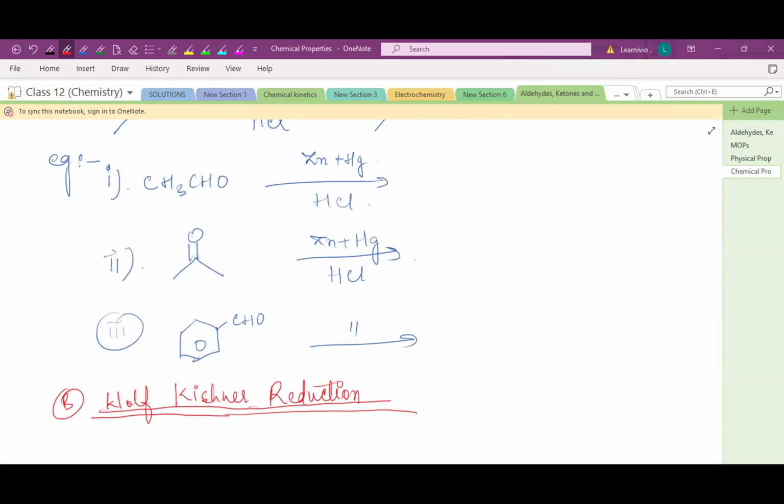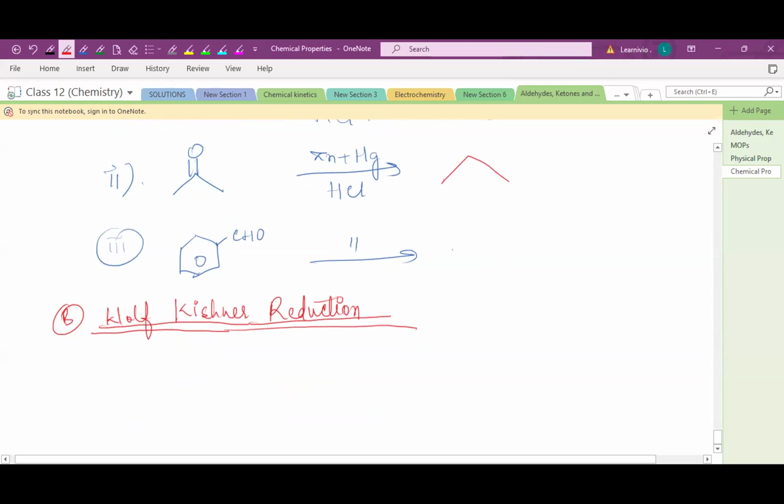The first one is ethane. Basically, you remove the oxygen and add 2 hydrogens to it, so it will become CH3 and CH3. So ethane. Now the next one, propane: 1, 2, 3. Yes, it's propane.